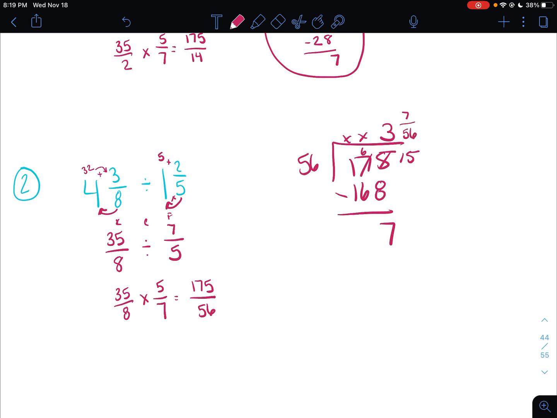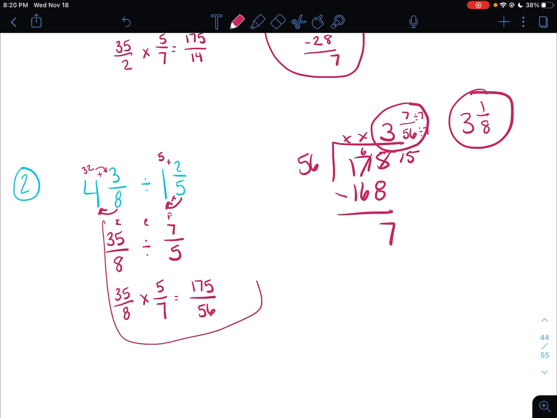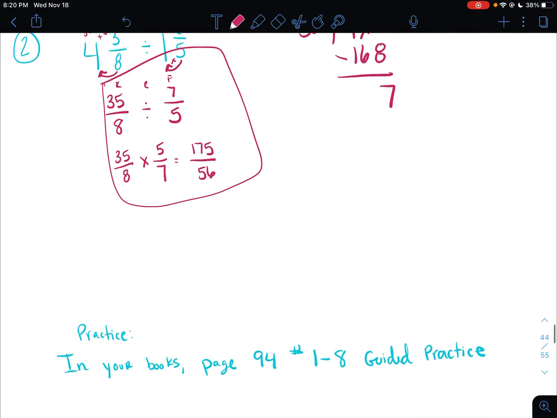You get 7. That pops up to be your remainder. And 7/56, I want you to type into your calculator and see if you can simplify that. You can divide both by 7 to get 3 and 1/8. Okay. If you would type in 3 and 7/56, if you just hit equals and simp equals, the calculator does all that work for you. Okay. I'm not worried about you using the calculator to simplify, but I don't want you to use the calculator for the actual division. You can do that part by hand.